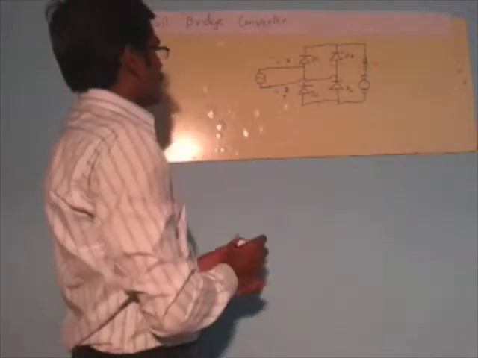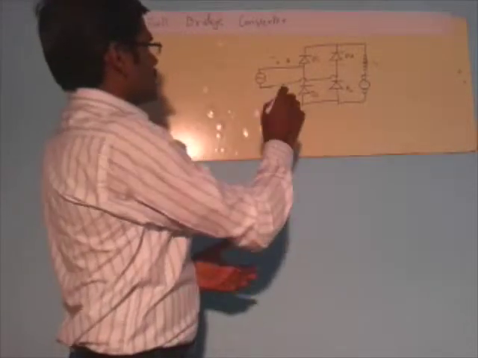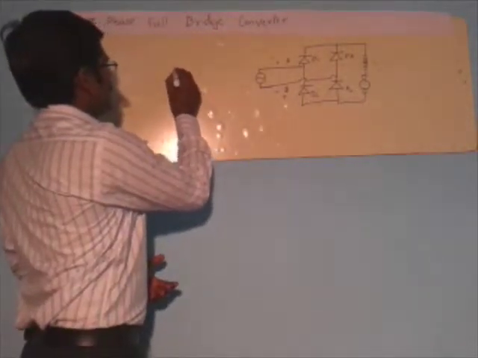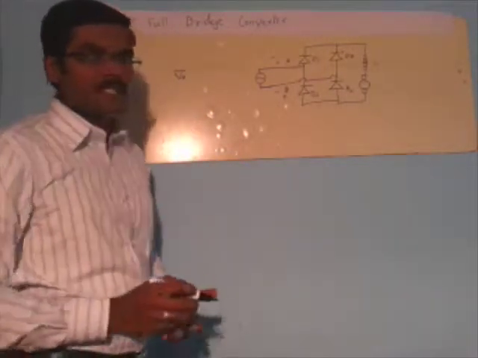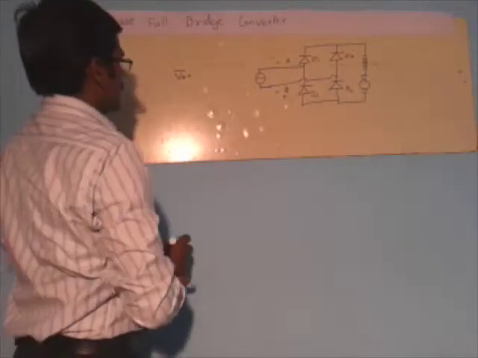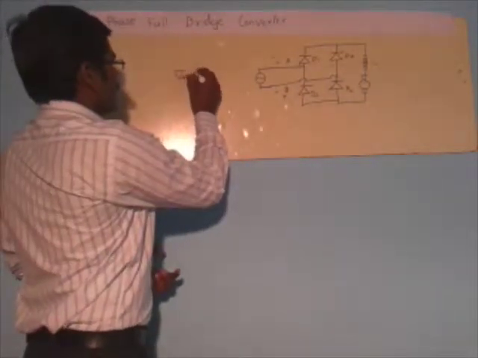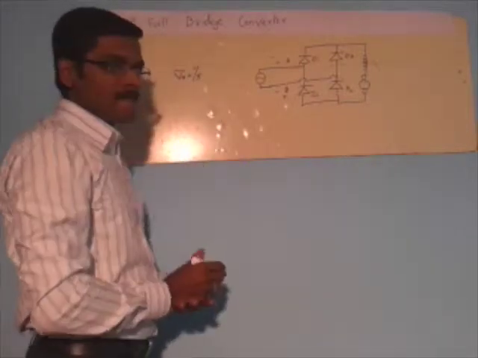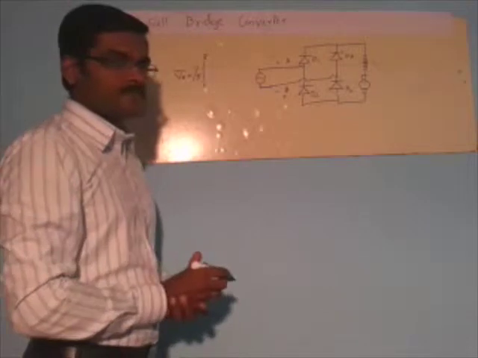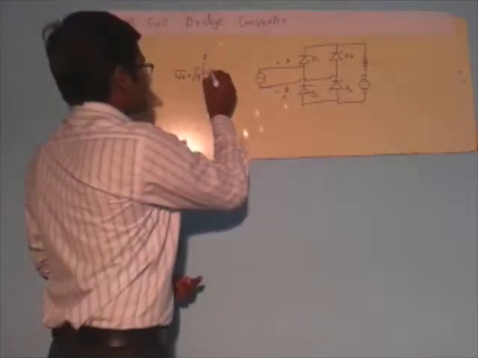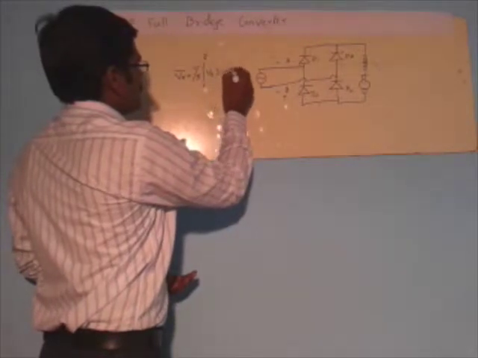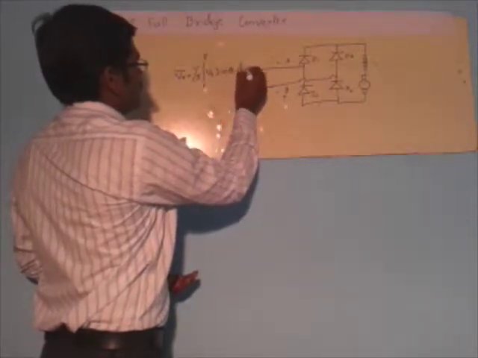And there is the equation of DC output V0. This straight line represents DC. Output voltage equals 1 by pi integral of 0 to pi Vs sin theta d theta.